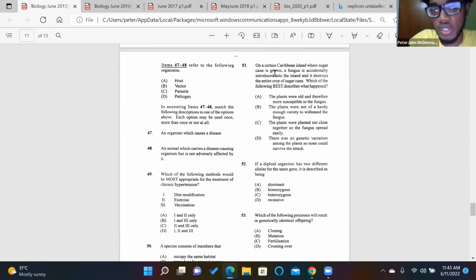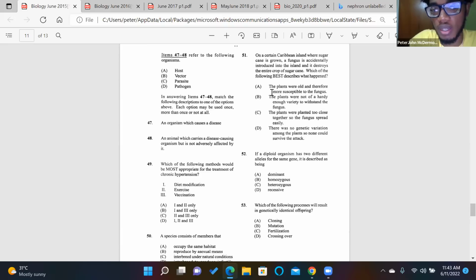On a certain Caribbean island where sugarcane is grown, a fungus accidentally introduced destroys the crop. Which of the following best describes what happened? A, B, C, or D? D, sir. How is sugarcane reproduced? Yeah, I'd go with D as well.